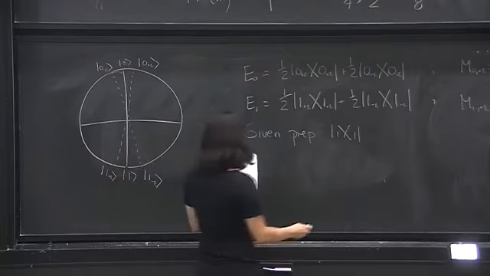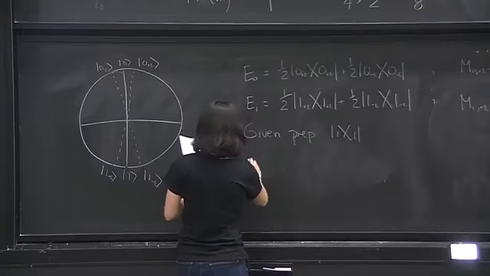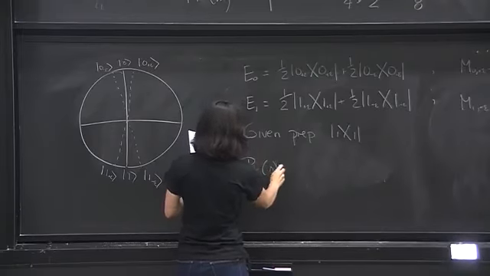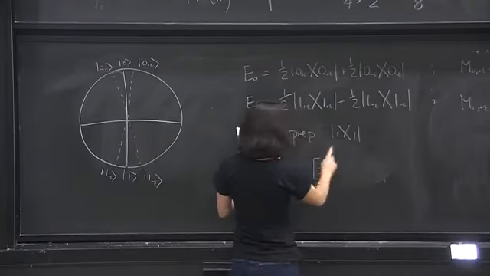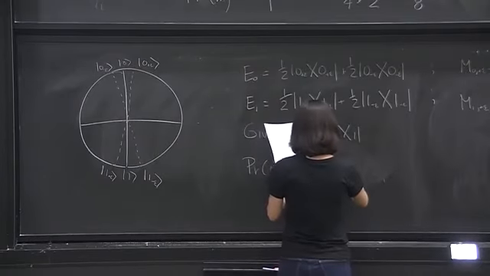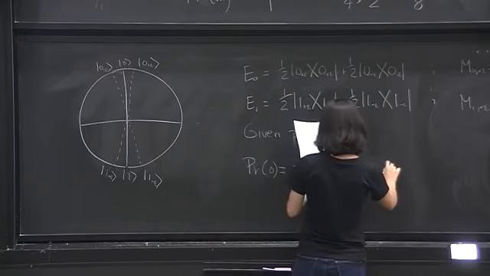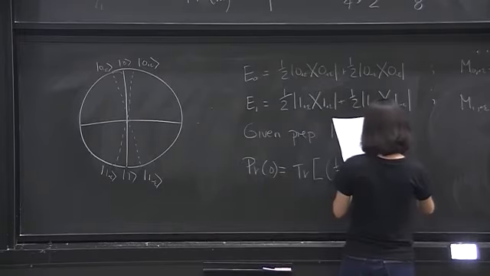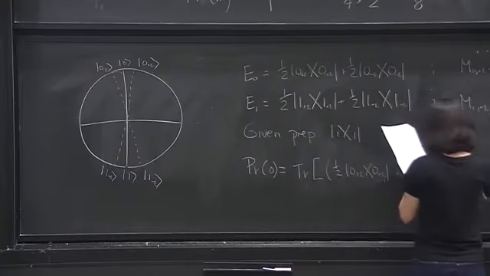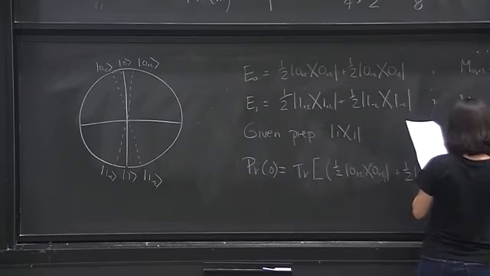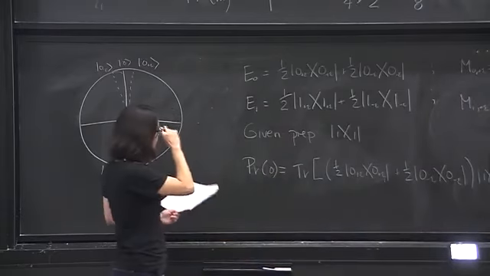So the probability of getting outcome 0 is going to be the trace of the POVM element times the input state.